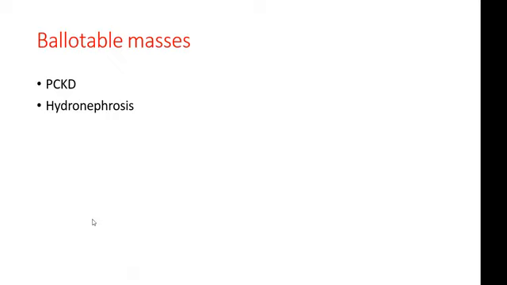So if it's ascites, most often it is due to cirrhosis and portal hypertension, which you have seen in your lectures. Other causes of ascites could be, for example, ovarian cancer in females, intra-abdominal cancers in males like pancreatic cancer, and TB peritonitis.